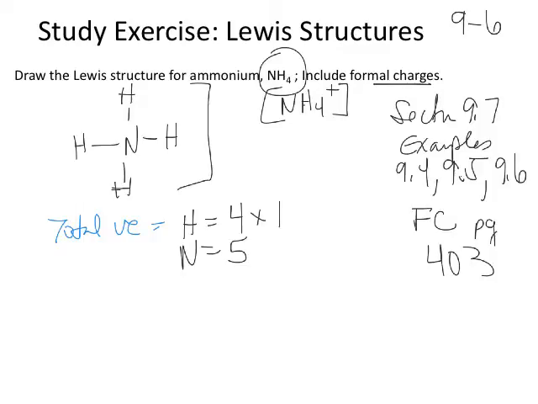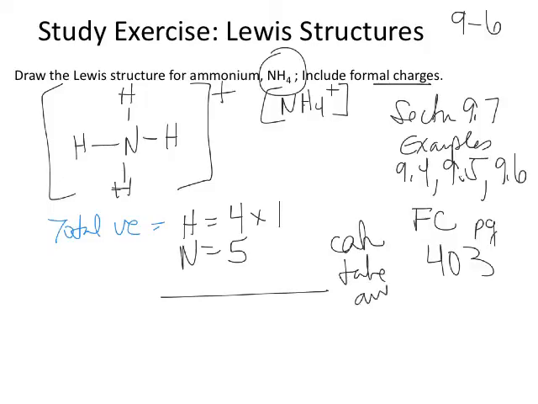Now your overall charge, you put this in a big bracket, and you put a plus there. When you have a cation, you're going to take away a valence electron. So for the plus charge, you want to subtract 1 electron.